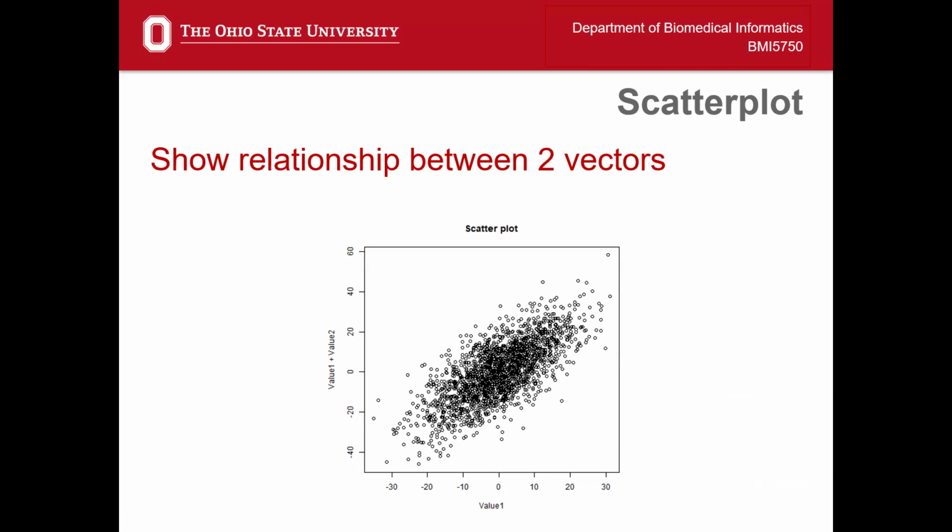If we were in the statistics portion of this course, we would find a linear relationship between value 1 and our y-axis here. But we're not talking about that yet. But we see here each value from our data is one dot, and we see how the x and y axis are comparable.